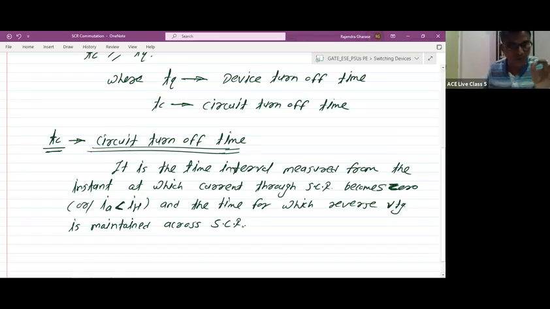And for successful commutation of the SCR, TC should always be greater than or equal to TQ. If your TC is less than TQ, the SCR will not turn off successfully. Are you getting the point, right?